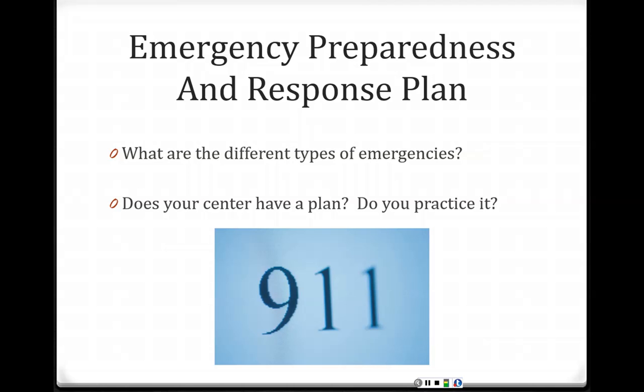Not only do you need to stay calm for yourself so that you can execute the plan well, but you need to stay calm for the children so that not only are you going to need to keep them safe, but you're also going to need to keep them calm as well. So if you have not heard anything about an emergency preparedness and response plan for each of these items, please be sure and ask at your next day.